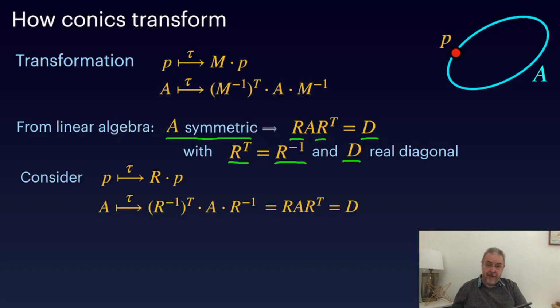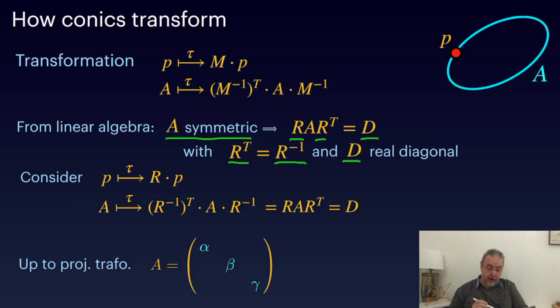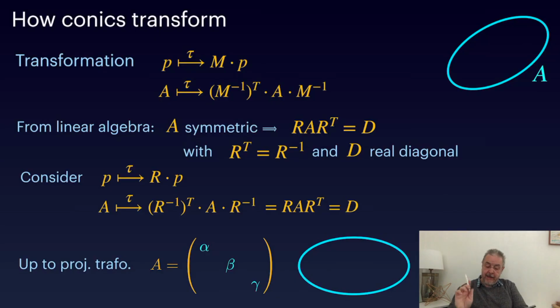So up to projective transformation, every conic is equivalent to a conic only given by a diagonal matrix, and geometrically this corresponds to the fact that our conic is oriented in a way such that it is aligned to a nice coordinate system here. So can we get further?